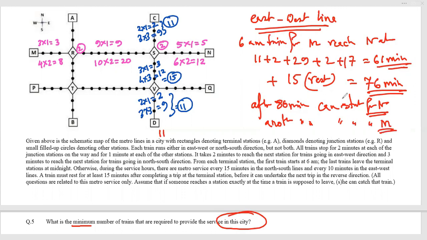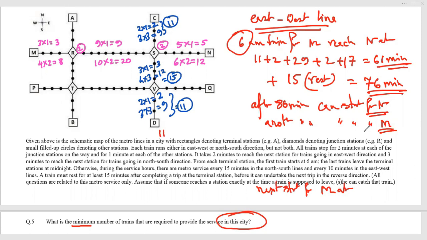That means the 6 a.m. train can next start from M at 160 minutes after. What is that?